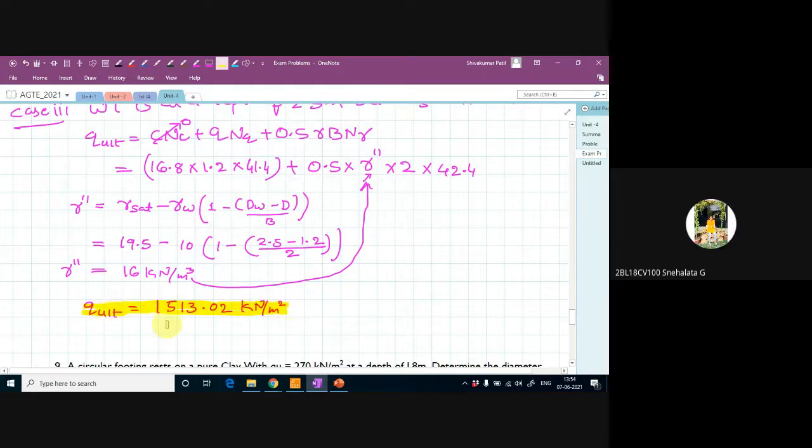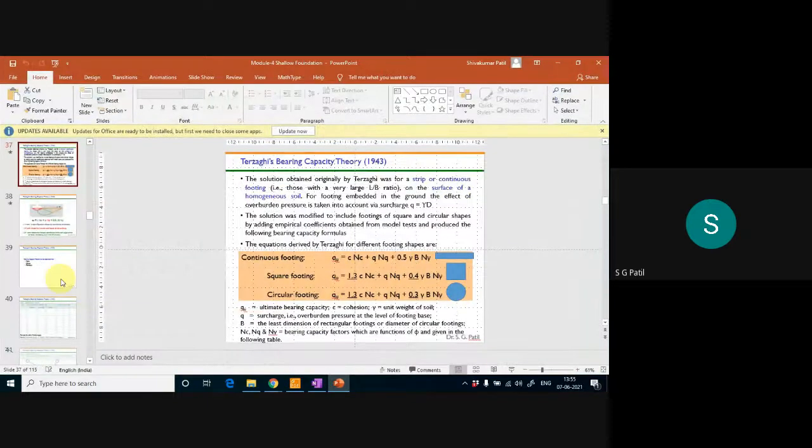Sir, for gamma double dash, if we take 1 minus dw minus d by b, we get 3 point something. If we take 1 plus, then the answer will be 16. Let me check the formula once again. Is it 1 minus or 1 plus?